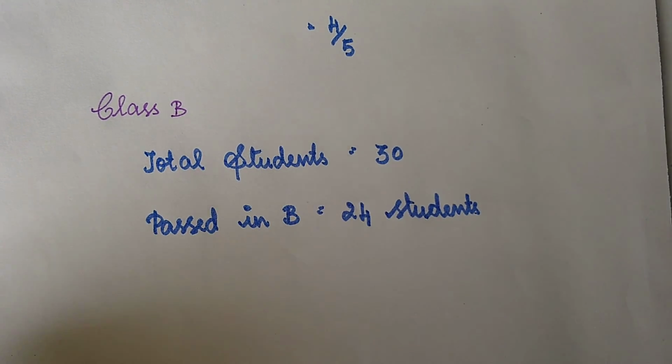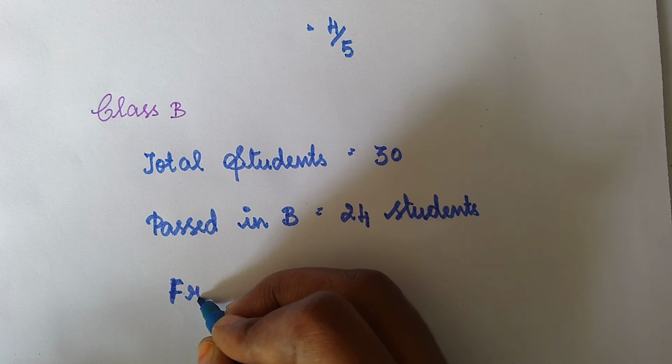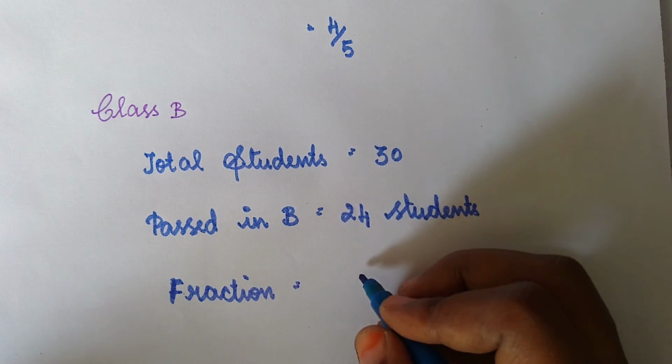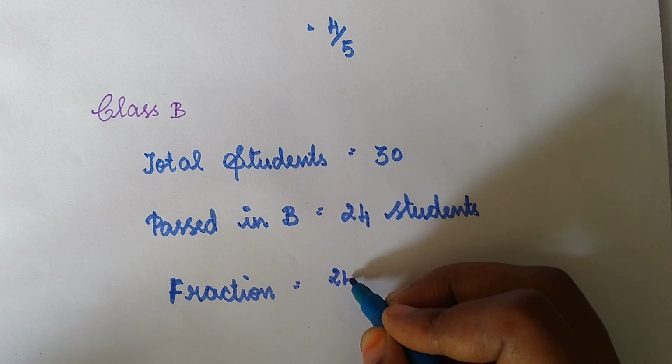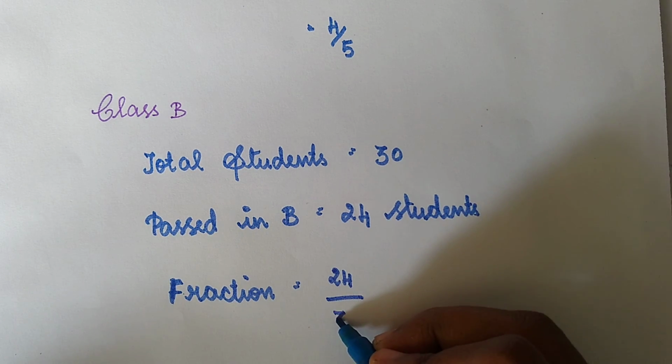We have to find the fraction: 24 out of 30.